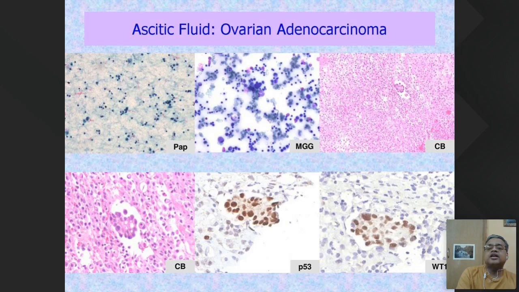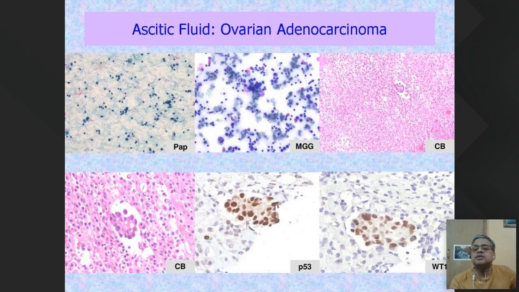So cell block frequently picks up small fragments which can get missed in the cytology smear formation. And when we did the P53 and WT1, very strongly positive inside these epithelial atypical fragments, you can make out the gland formation here. It will always come very nicely in the cell block. So in one look, you can make it positive for carcinoma, whereas you would have gone negative if you did only cytology.